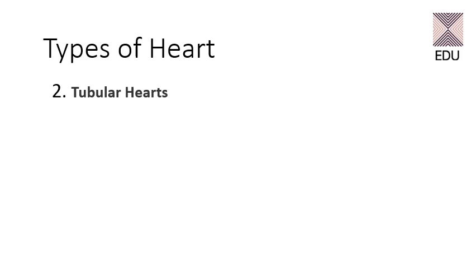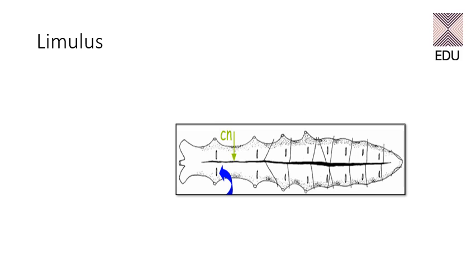The systemic hearts of most of the arthropods consist of these contractile tubes. Here I am taking the example of the Limulus in this particular type of the heart.